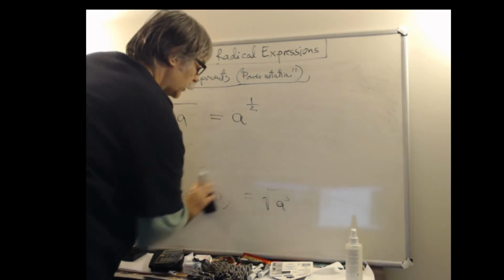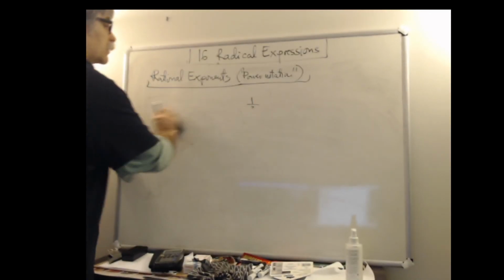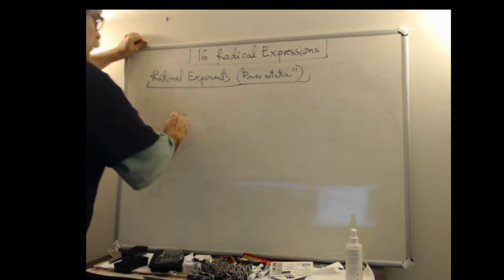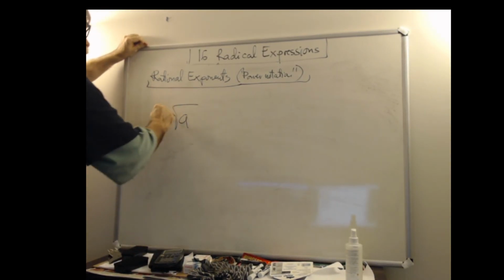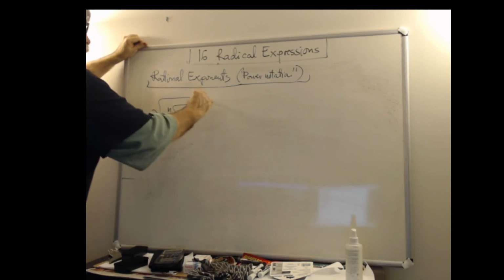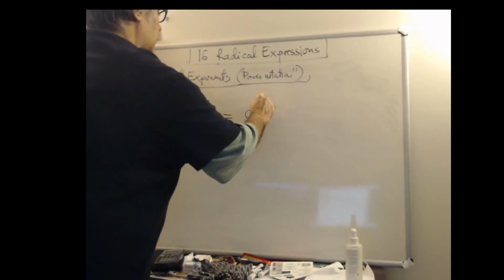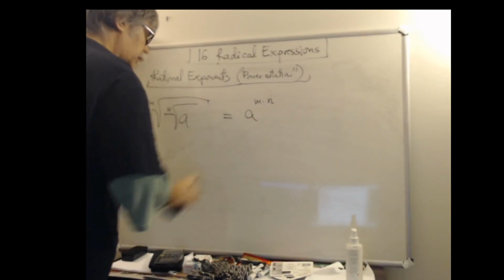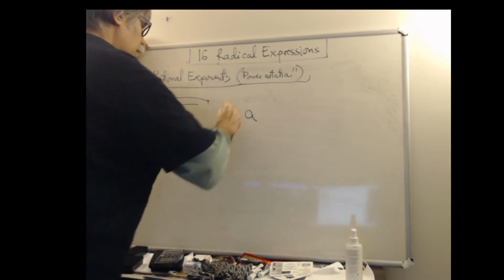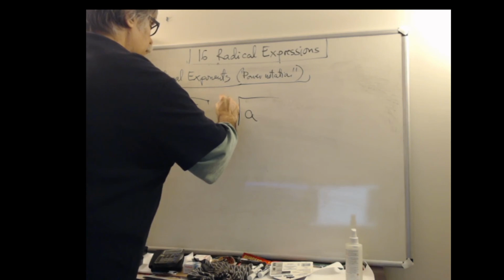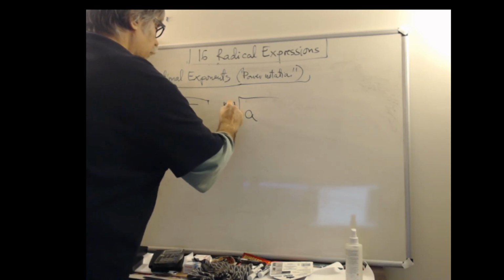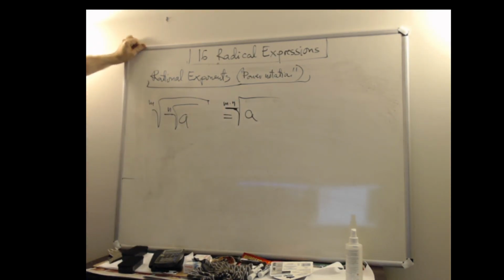Now remember, I had those rules before. I had the rule that says like this: a with the radical n, and then you have radical m. So I said this is now a with radical m times n, and I listed that as rule number 4.